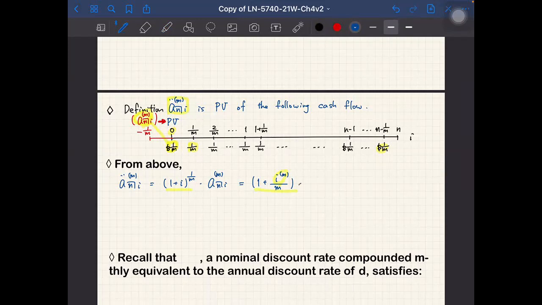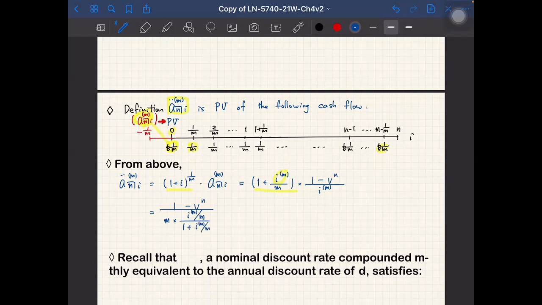Then we multiply this quantity. And we have the formula for this, which is 1 minus v to the power n over i superscript m, from the previous video. So if we summarize this, it becomes 1 minus v to the power n, and the denominator is m times i superscript m over m over 1 plus i superscript m over m.